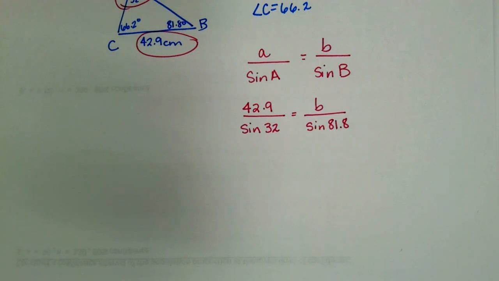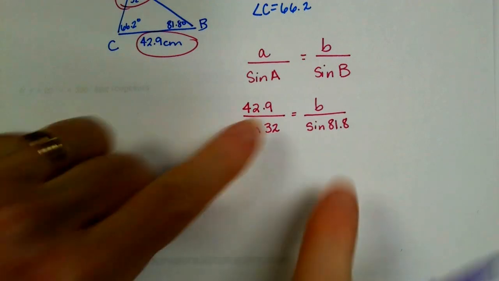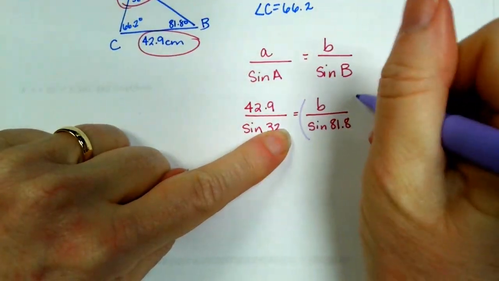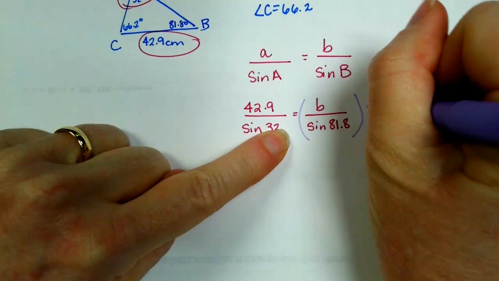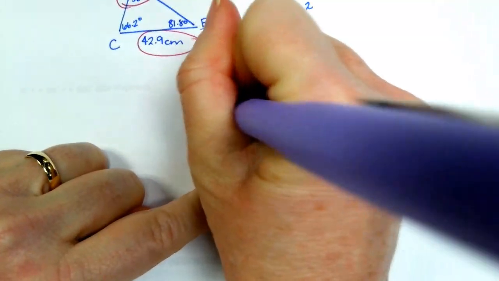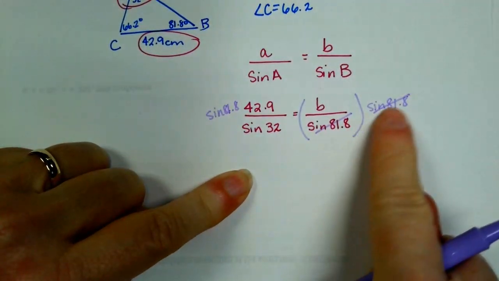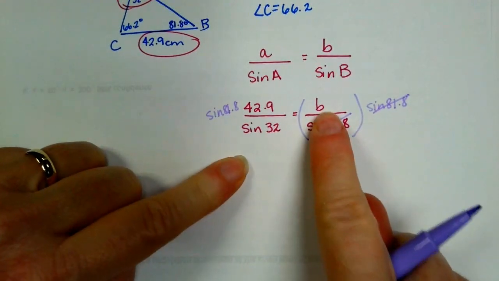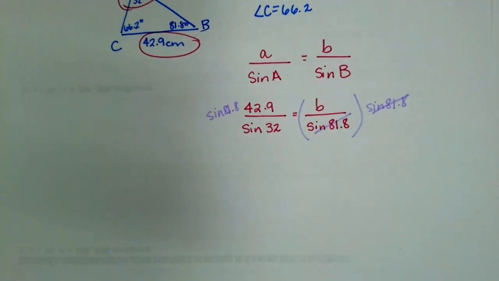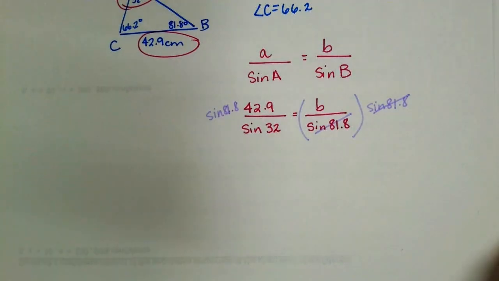So in this case, I need to clear the sine 81.8. So I'm going to multiply both sides by sine of 81.8. So on the right side, that would cancel that out and leave me just B, which is what I'm looking for. And then I just put this in my calculator, and I can put it in just like that.